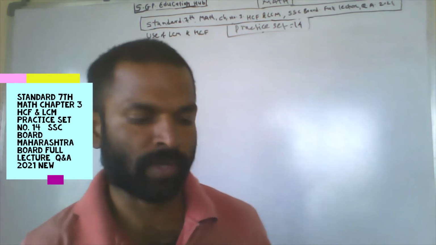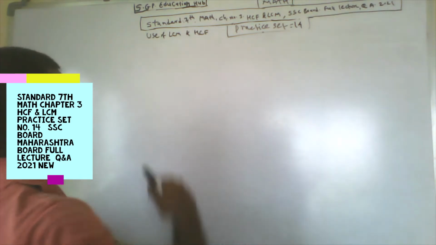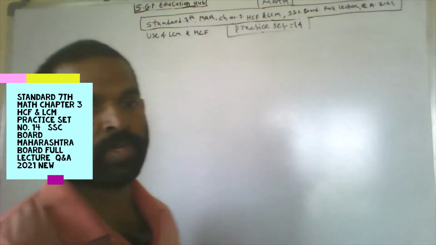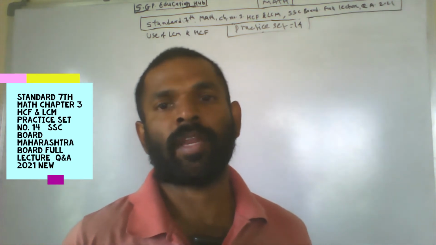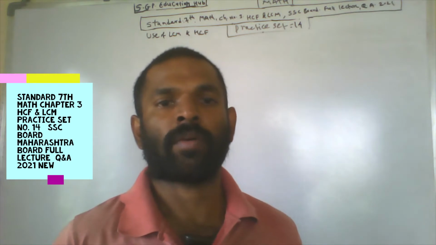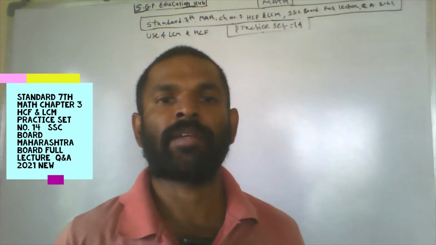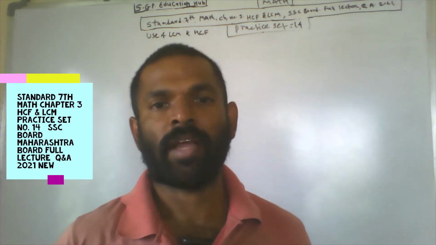Let's go on to the topic. Use of LCM and HCF. As we have learned in previous practice sets 11, 12 and 13, how to find the LCM and HCF of given numbers with the vertical arrangement.